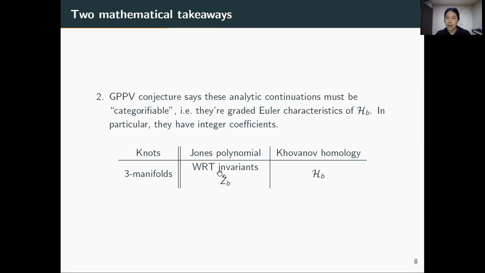And these Z hats and their categorification, which is the space of BPS states, provide a possible candidate for this analog of Khovanov homology for 3-manifolds, in the sense that Z hats can be thought of as a decomposition of WRT invariants, and they are categorified into this space of BPS states.